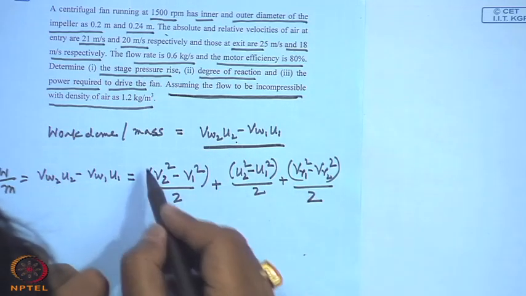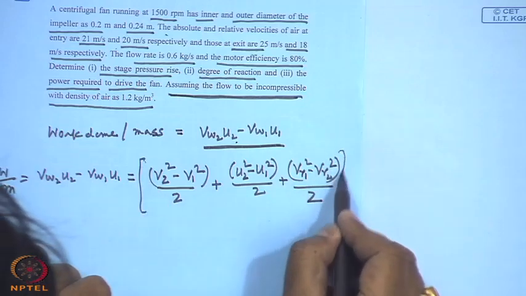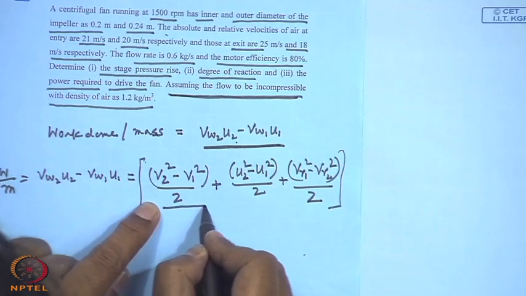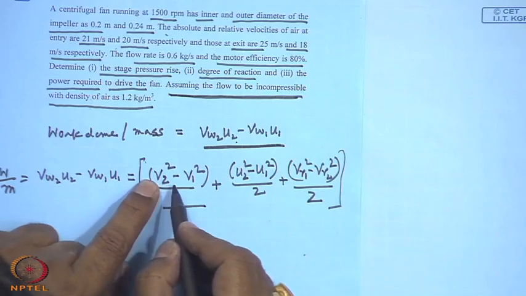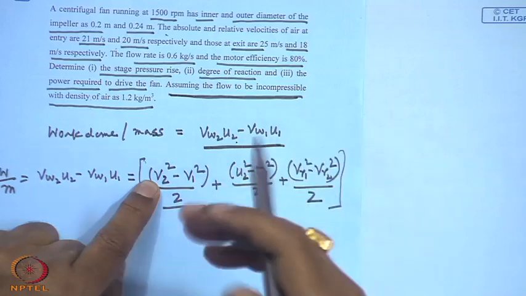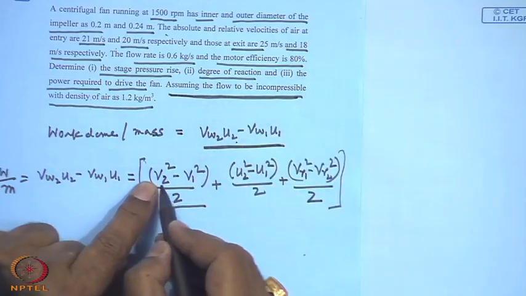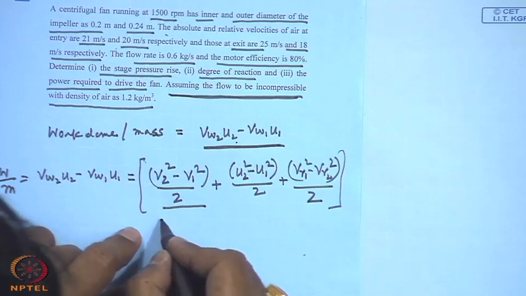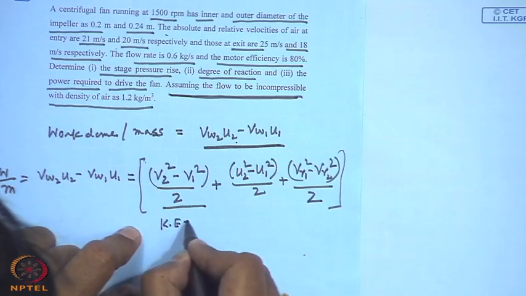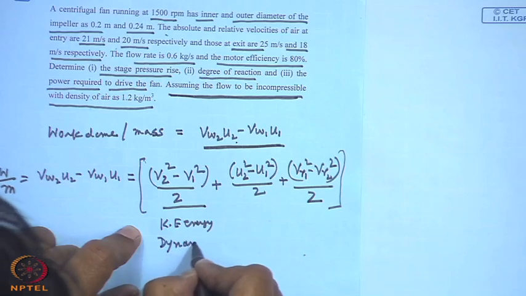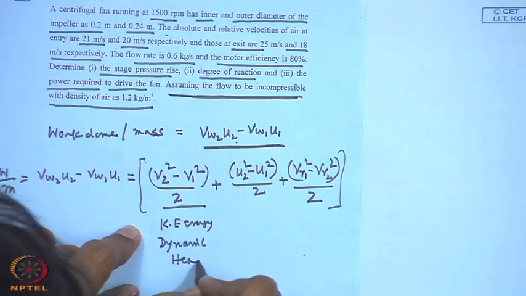Why is it required? Because this gives a very clear understanding. This is the gain in kinetic energy, where the absolute velocity, in pumps, compressors, fans and blowers, where the fluid gains energy, V2 is always greater than V1. So, this is the gain in kinetic energy, or dynamic head.